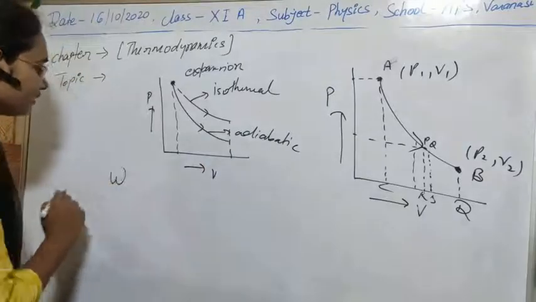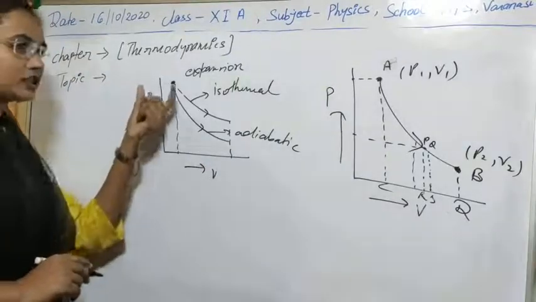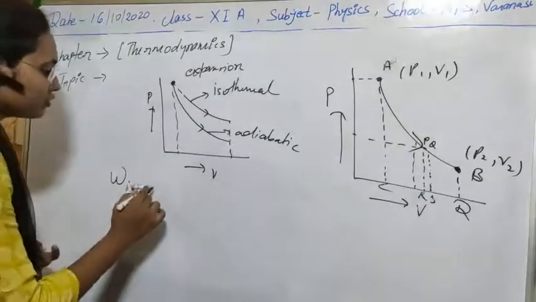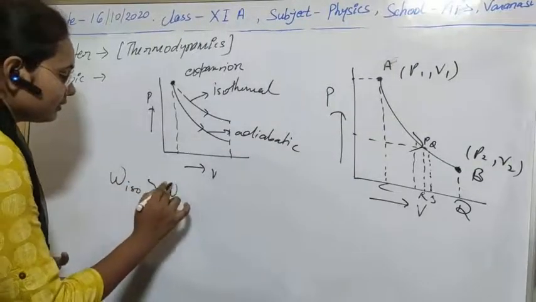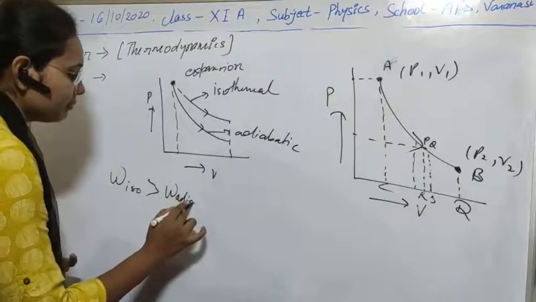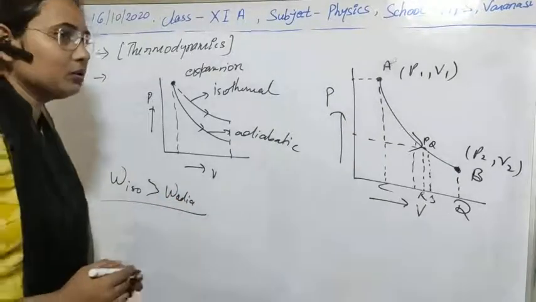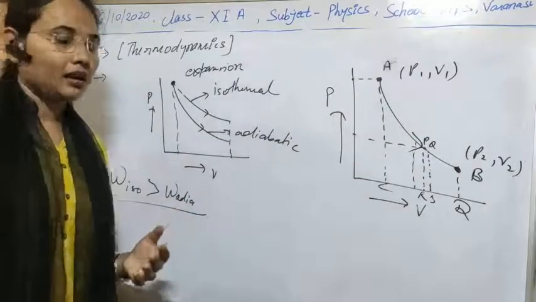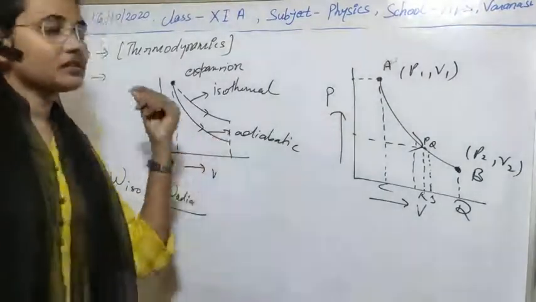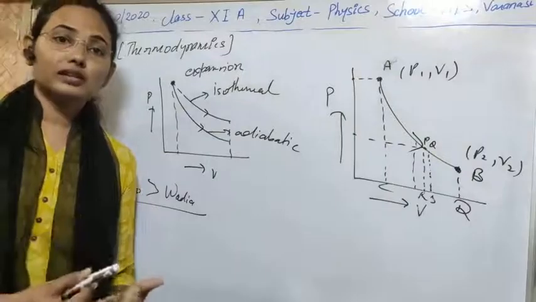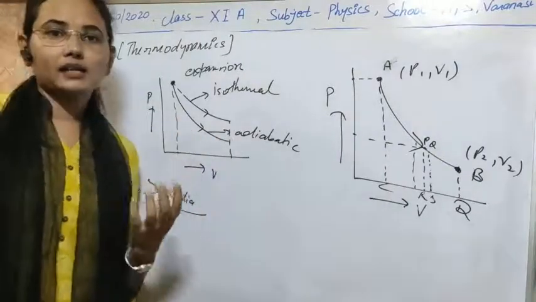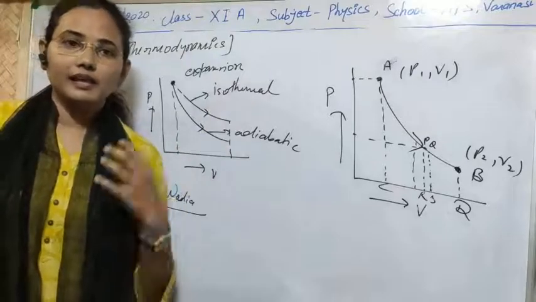It means that in case of expansion, we have to do more work in the isothermal process than in the adiabatic process. It is easier to expand a gas adiabatically than isothermally, because in the adiabatic process there is a change in pressure and also a change in temperature. In the adiabatic process the gas is allowed to expand with the help of pressure and temperature.